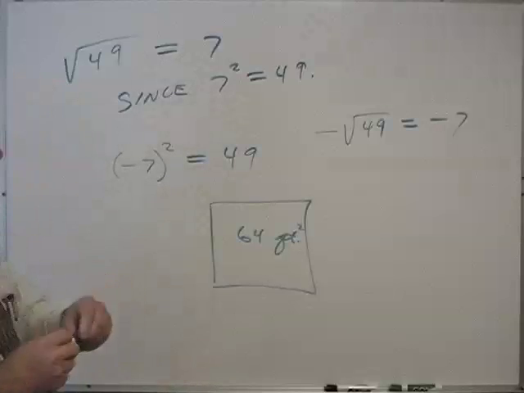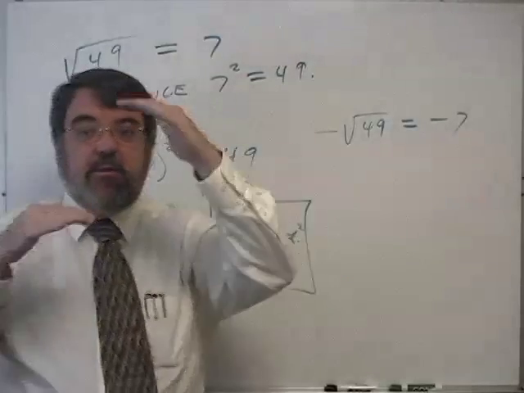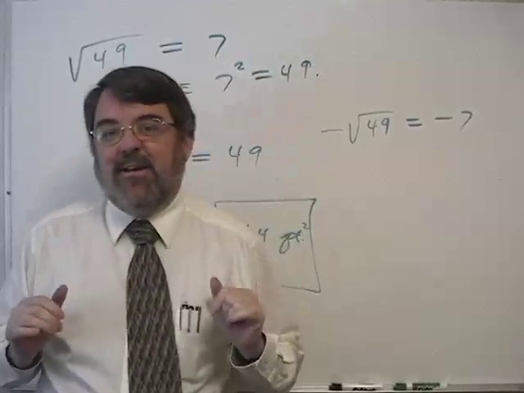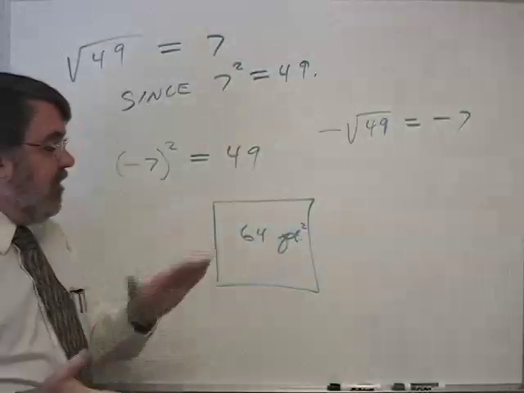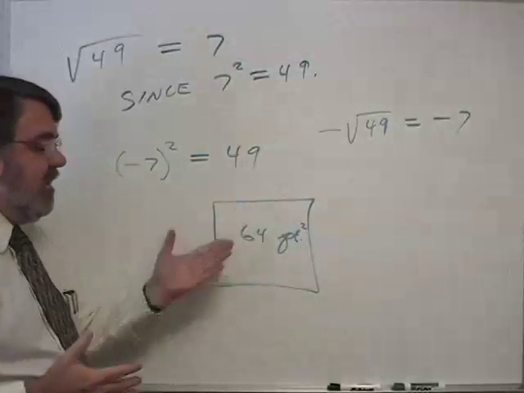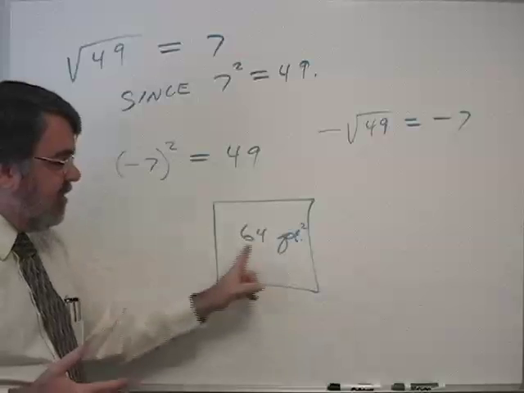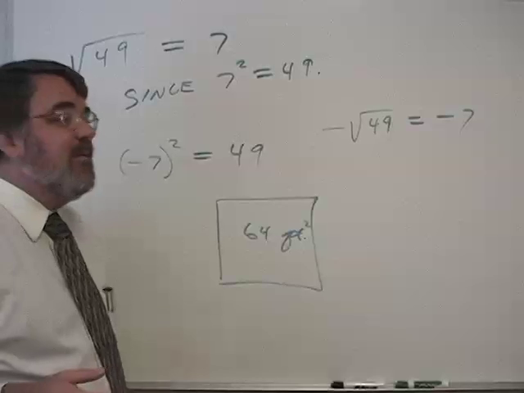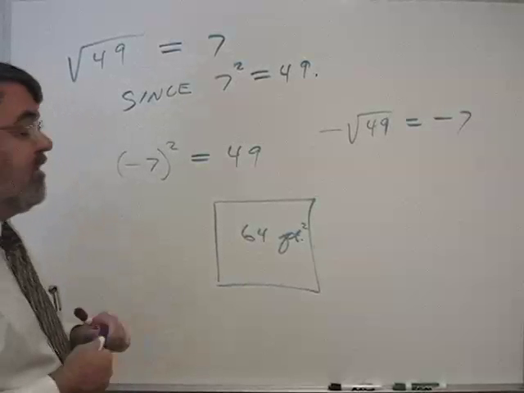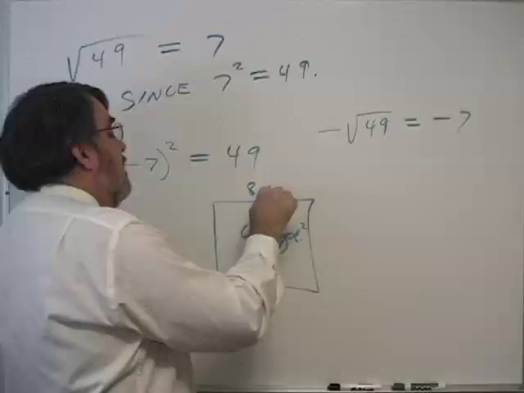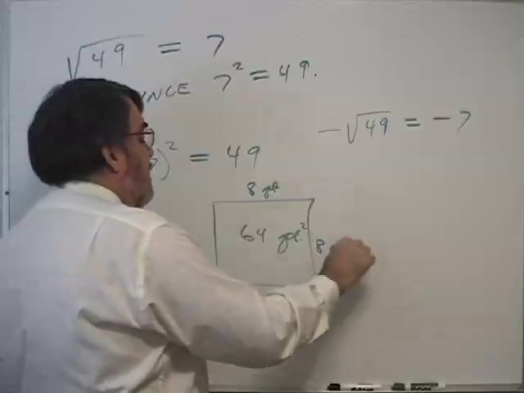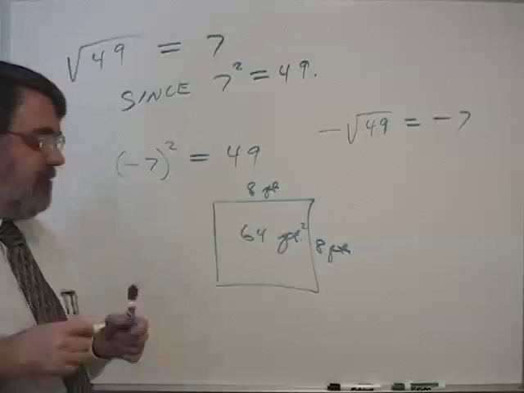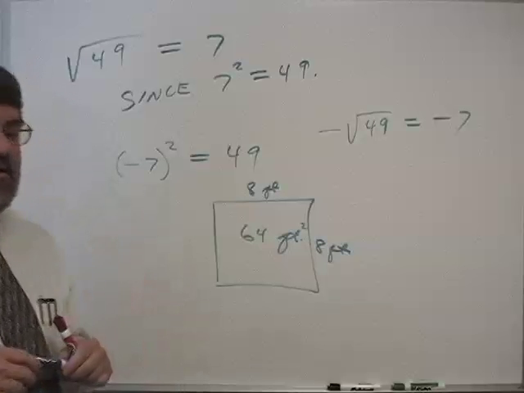So in other words, if this thing was large enough so that there were 64 squares, each a foot on a side, inside this area, and it wouldn't necessarily have to be a square to have that area, but if it was square with that area, then the square root of 64 describes the dimension of this square. So it's 8 feet on the side, since the square root of 64 feet squared is 8 feet.